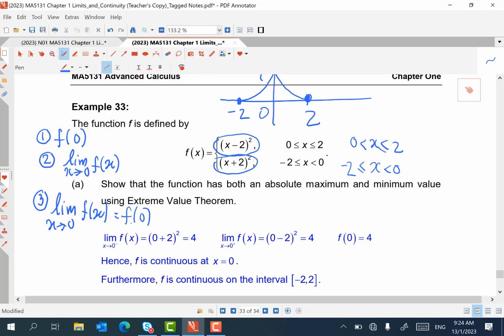Right, so the way to do the checking is given there. So we have to check whether or not it satisfies the condition of continuity on a closed interval.